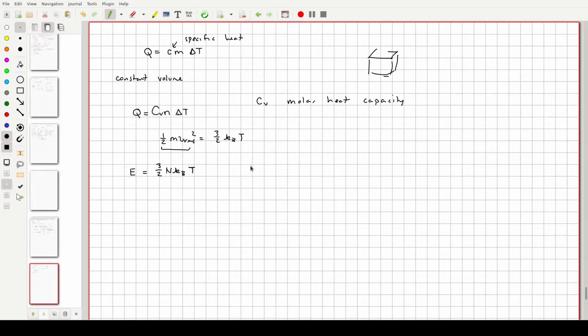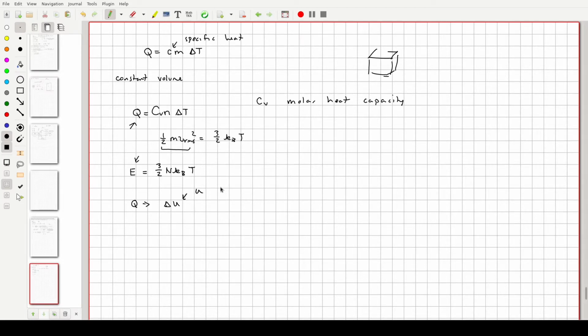Now, here's the deal. The heat that I add is going to be equal to this. I add this heat in. It causes the energy to change on the inside, the temperature to change. This is how much energy is on the inside. So what Q does is cause a corresponding change in energy inside the gas.